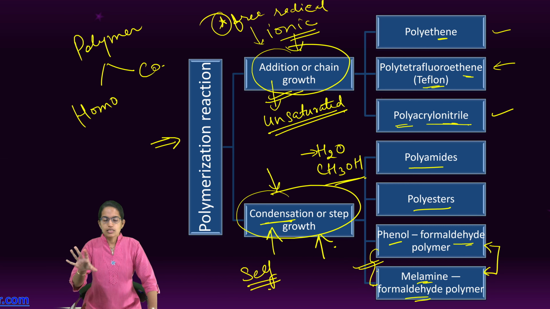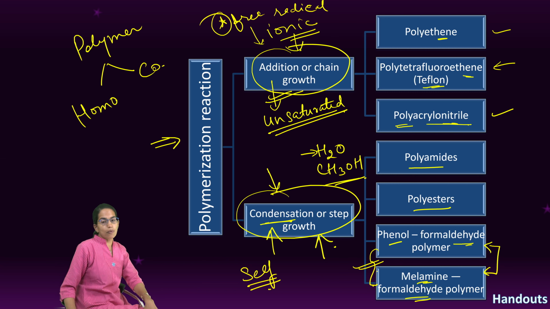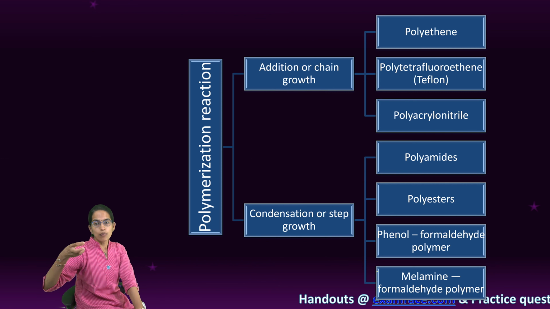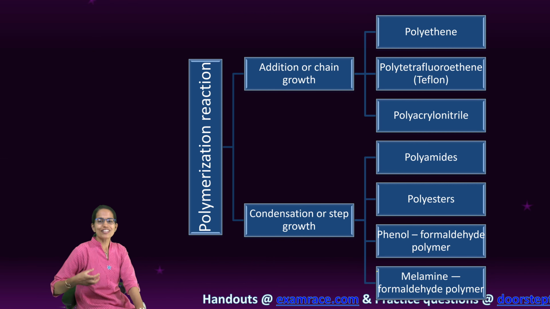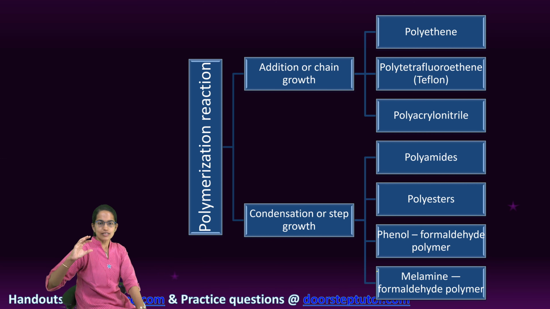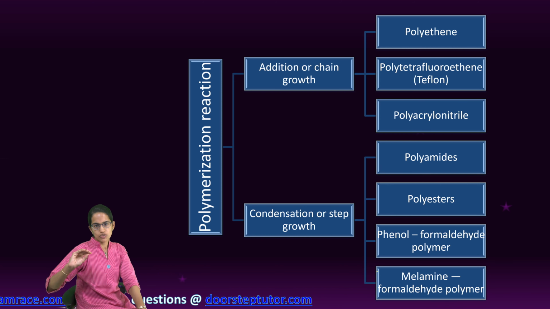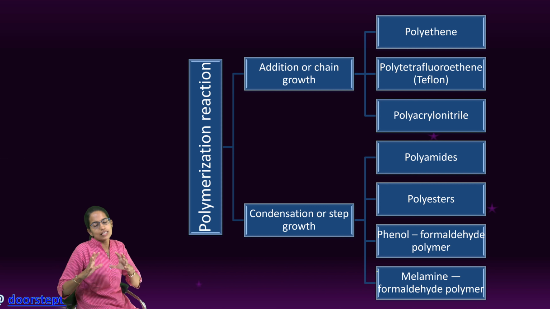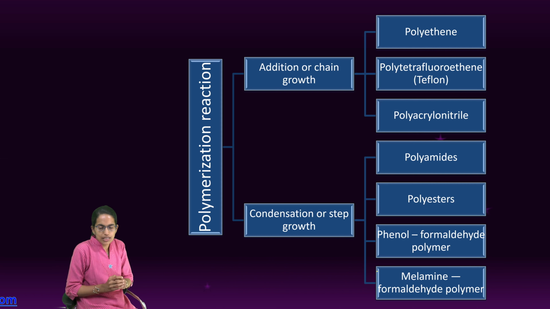So this is the basic understanding of the polymerization reaction. If you are clear with this table, you have the most important essence of what polymerization reactions are, and you would understand the difference between the addition, which is the chain growth, and the condensation, which is the step growth. In condensation or step growth, there is elimination.